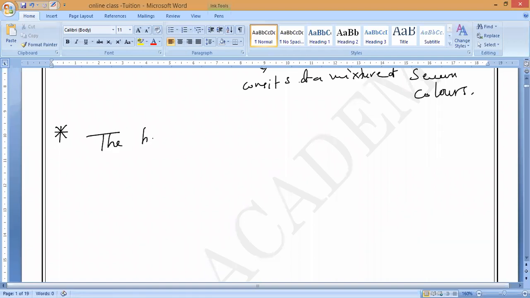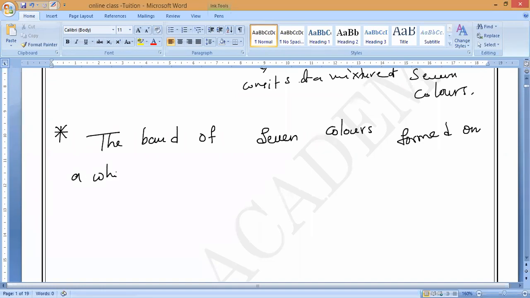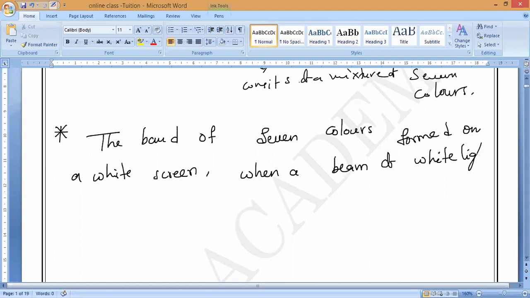The band of 7 colors formed on a white screen when a beam of white light is passed through what?